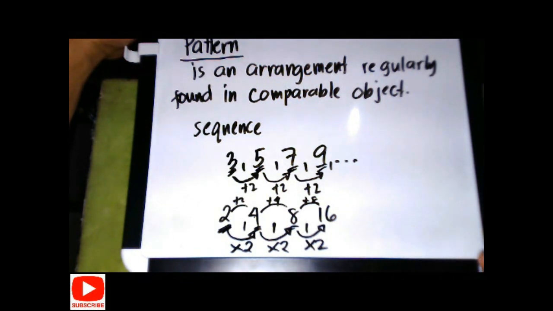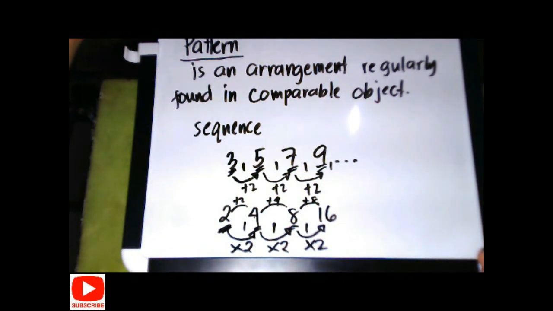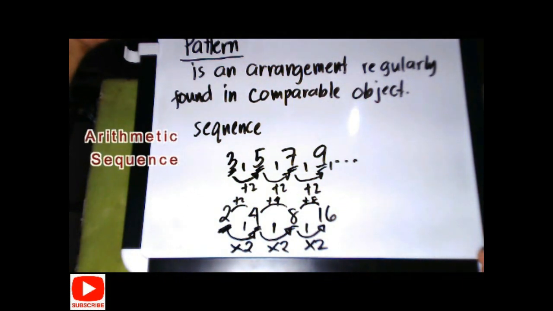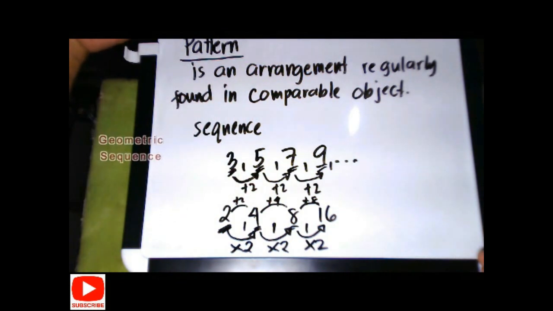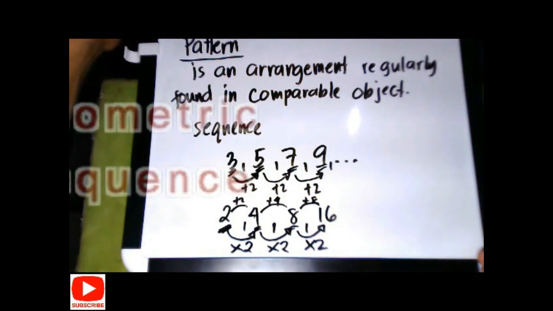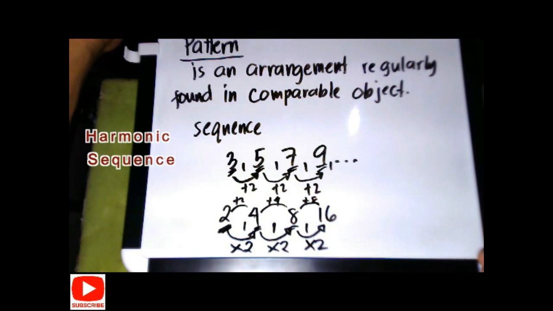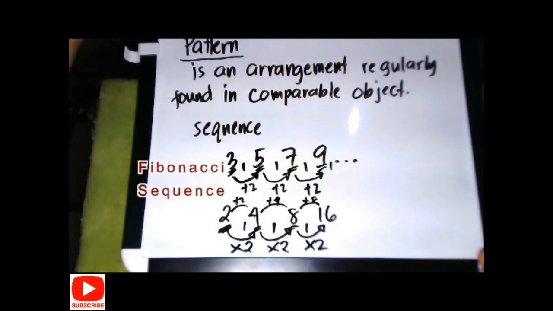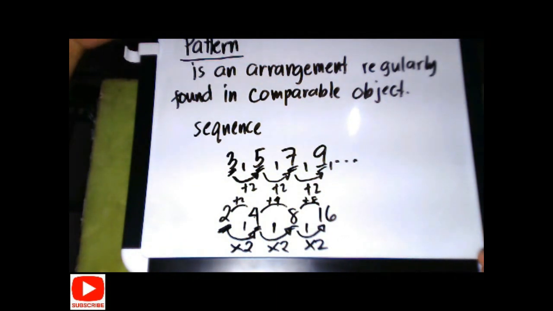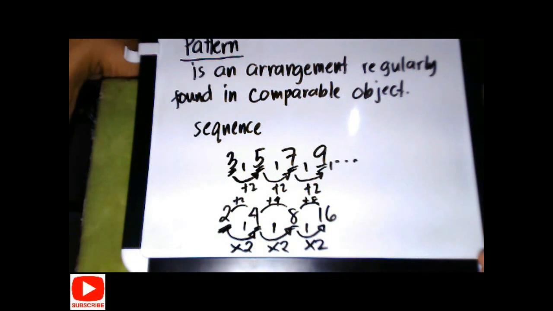In mathematics, there are many different types of sequences, like arithmetic sequence, geometric sequence, harmonic sequence, and Fibonacci sequence. There are also books that consider other sequences like square sequence and triangle sequence.